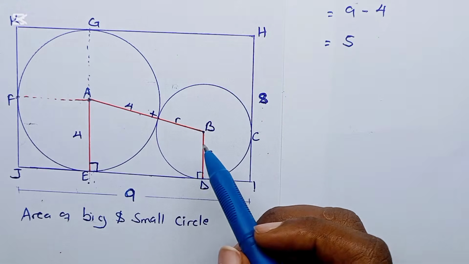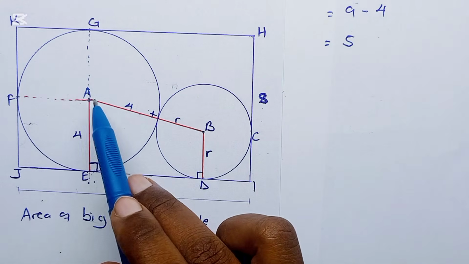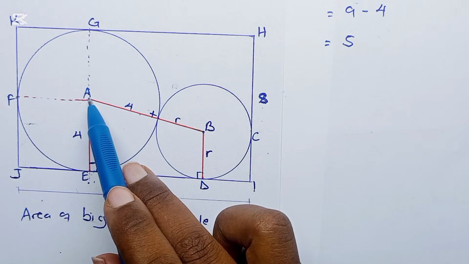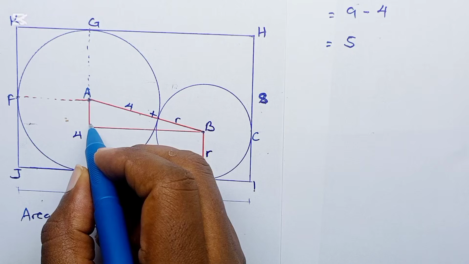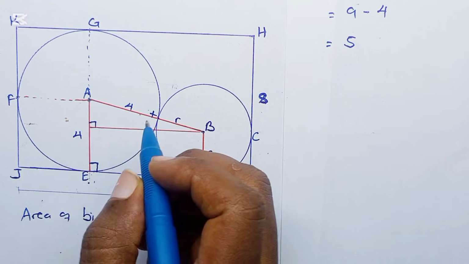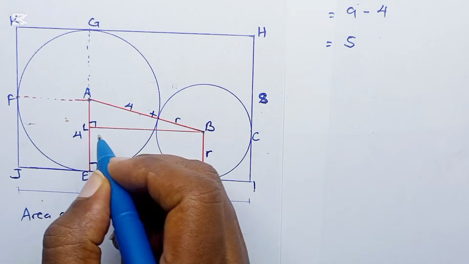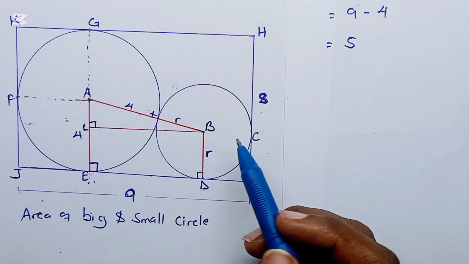Next step, let us draw a horizontal line from center B to meet line AE. It should be perpendicular to line AE, just like this. So this line is perpendicular. So as you can see, we've come up with a rectangle. Okay, let me call this point L. So we've come up with a rectangle LBDE.